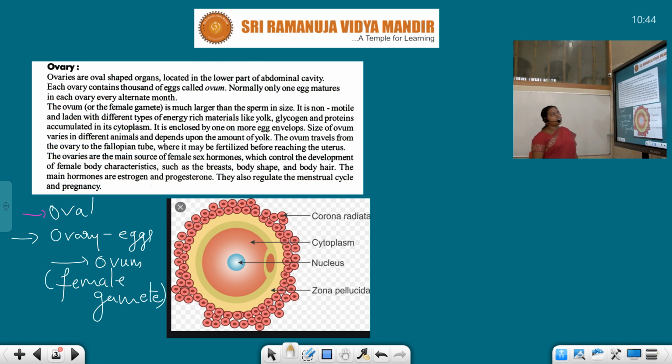It is much larger than the sperm in size. The male gamete is the sperm cell, as you know very well, whereas the female gamete is the ovum. The size of the female gamete is much larger than the size of the sperm cell, and it is non-motile and laden with energy-rich materials like yolk, glycogen and proteins accumulated in its cytoplasm.